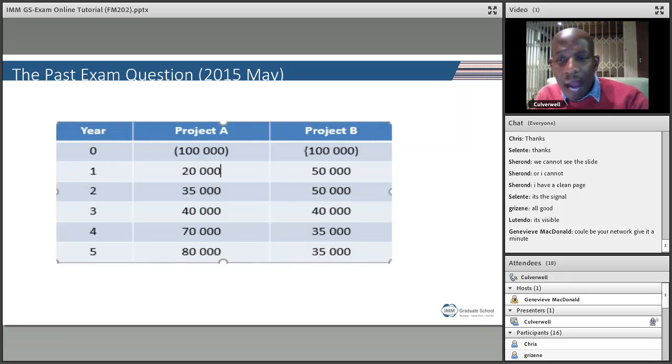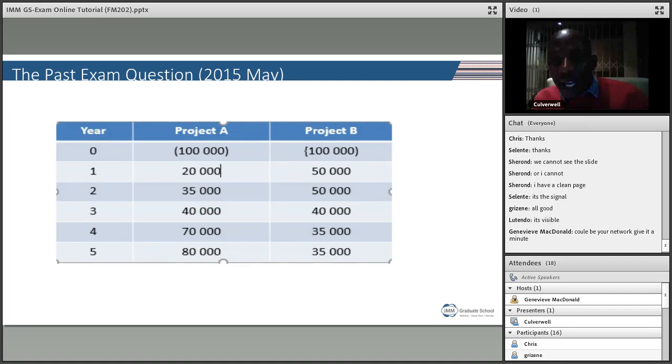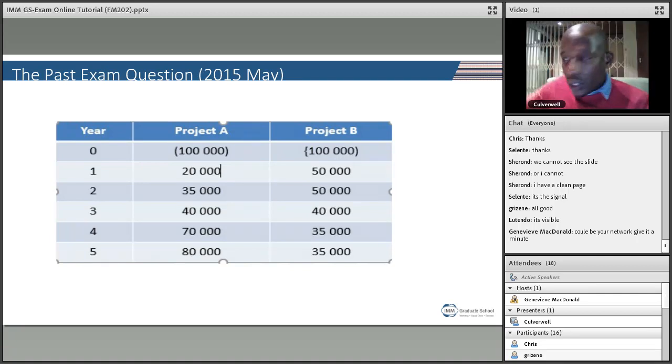And then year 5, 80,000. So those are the figures. Sherrod, if you couldn't see them, can you calculate the payback period using the figures I just read out or the ones being shown on the slide? Calculate the payback period first, and then we'll be in a position to move to the other three concepts.